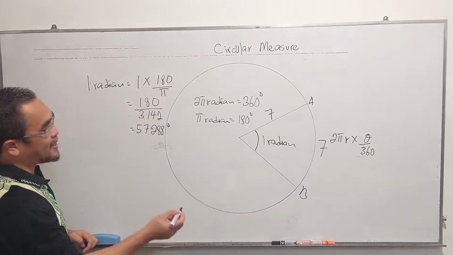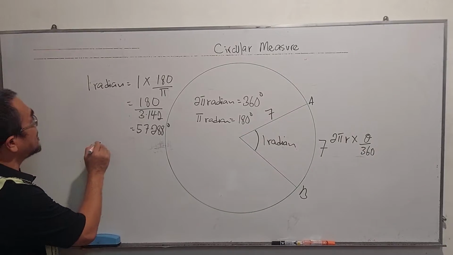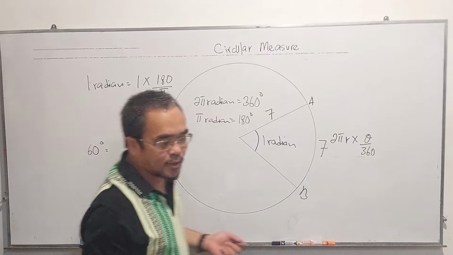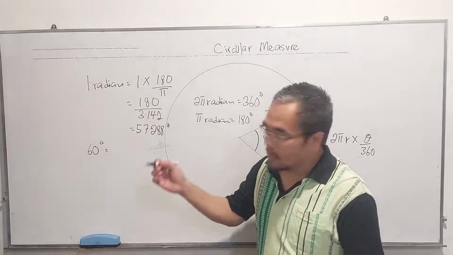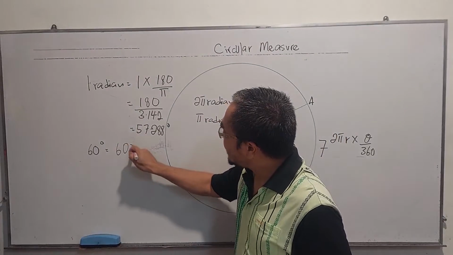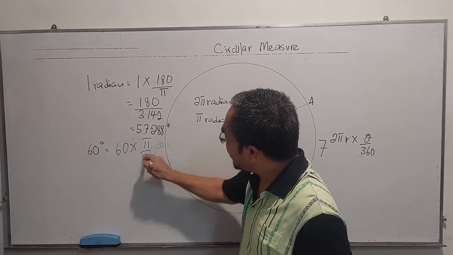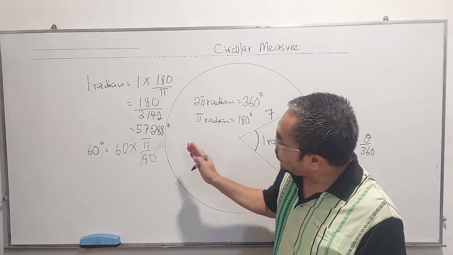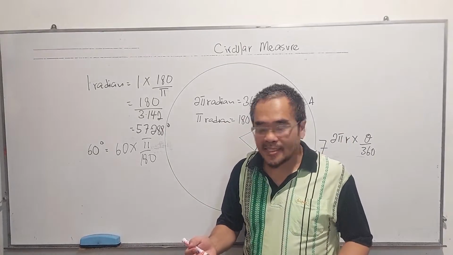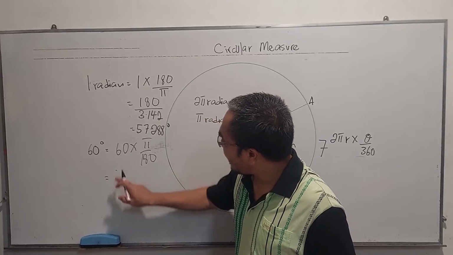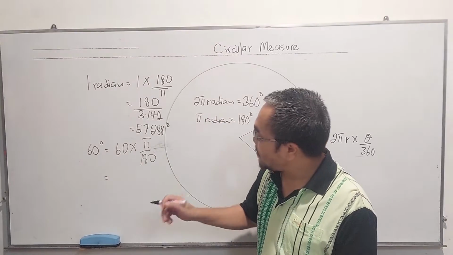So and then for example, you have 60 degrees. You want to change to radian. So it will be 60 times pi over 180. And you have to know that sometimes you use pi as 3.142.